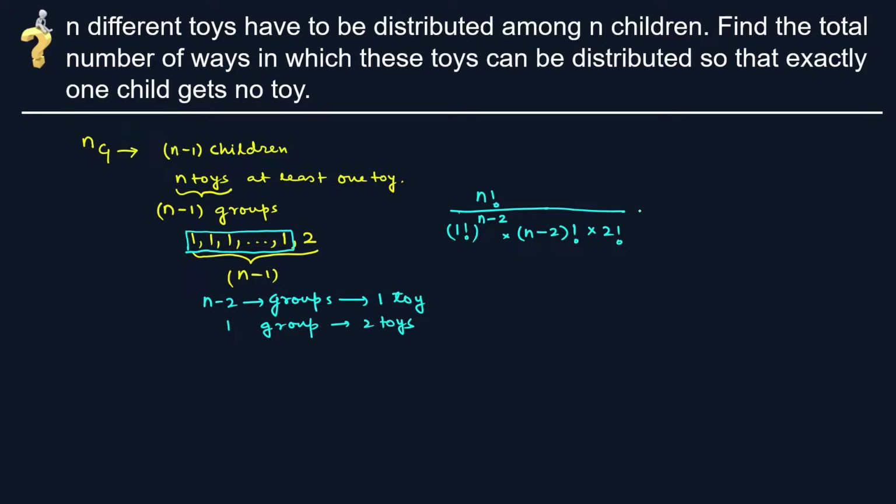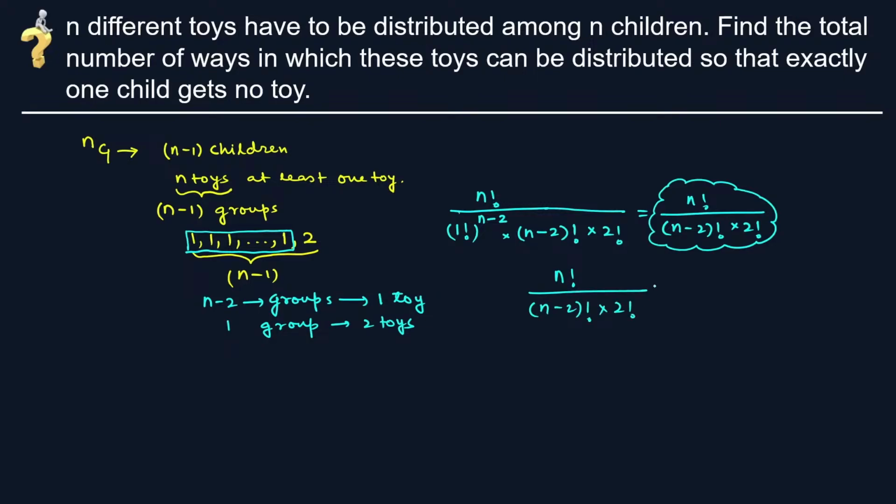Is it clear? So this comes to factorial n divided by n-2 factorial into factorial 2. This is the total number of ways in which n toys are divided into n-1 groups. Now these groups are to be distributed among n-1 children, and that can be done in factorial n-1 ways. Is it clear?